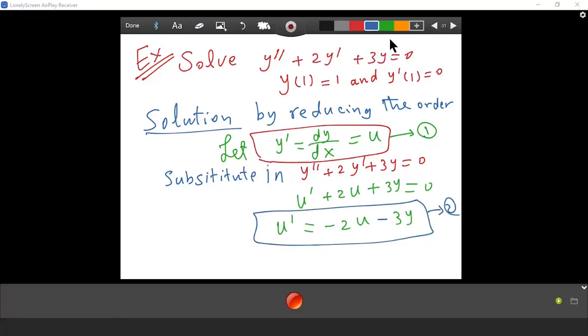I think we know how to solve a system of linear differential equations, right? Using the eigenvalues and eigenvectors. If you remember this one, how do we write this system of differential equations? You can write it with y dash and u dash equal to a matrix multiplied by the variables y and u.